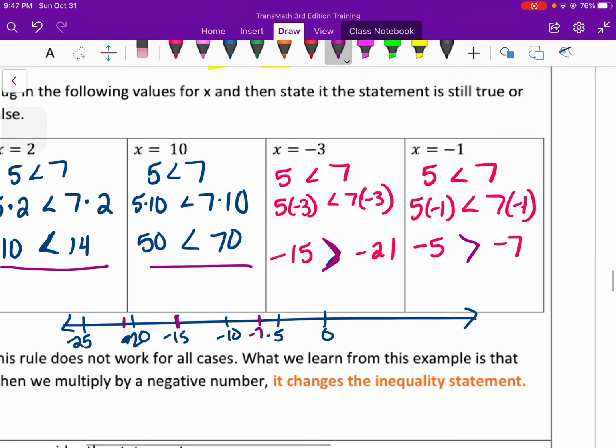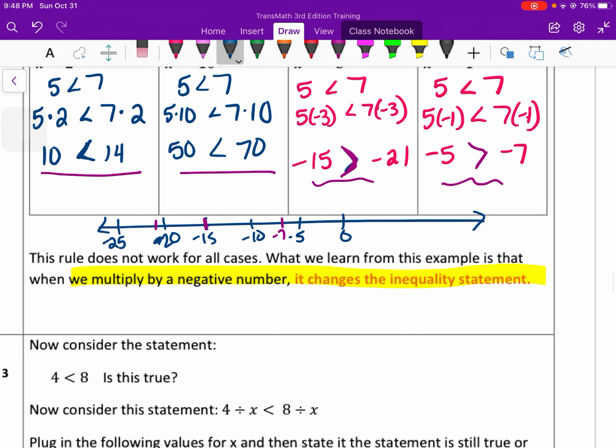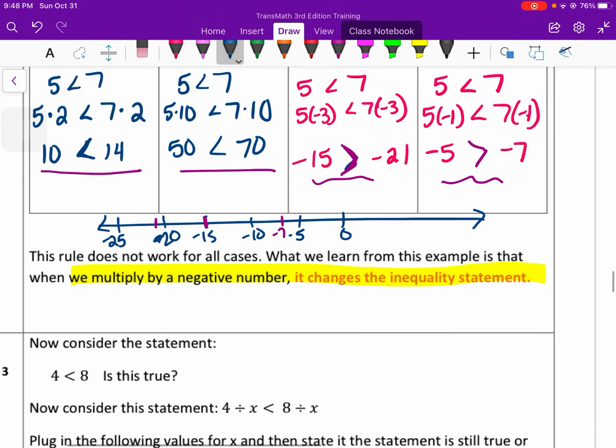But when I multiplied by a negative number, I had to flip the inequality around to make it a true statement. So this rule does not work for all cases, the multiplying. We learned from this example that when we multiply by a negative, it changes the inequality statement. So when you multiply by a negative, you have to flip the inequality.